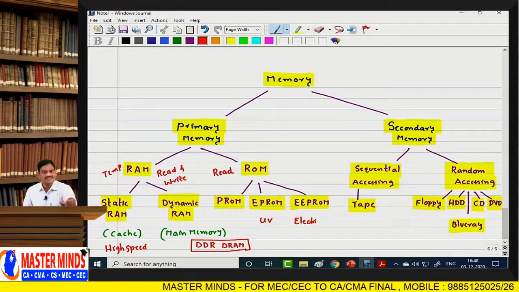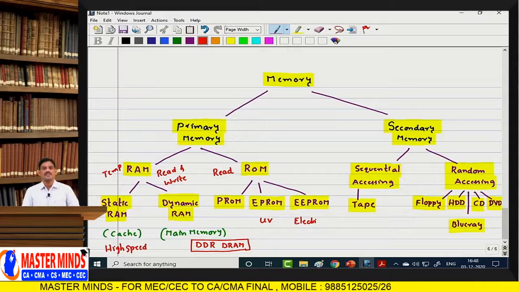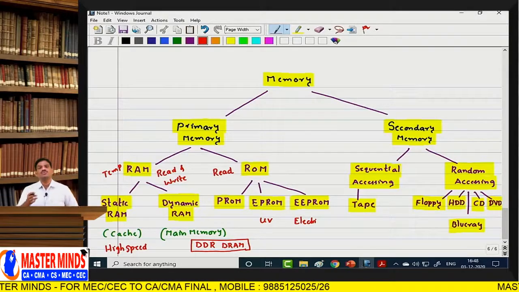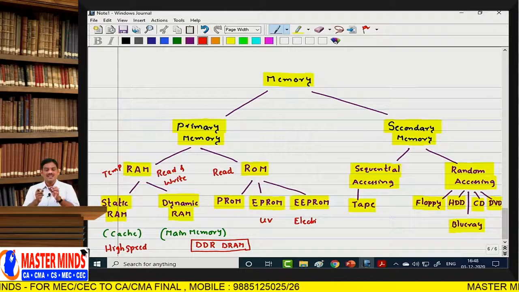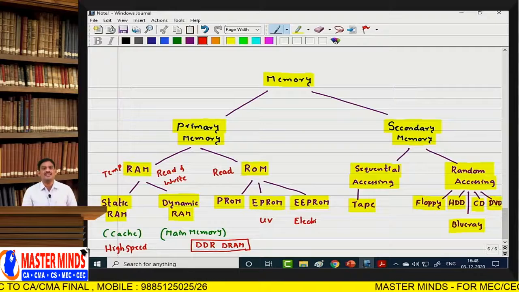Once the data is written, that cannot be erased even if you switch off the computer. So, if I have a pen drive and I switch off my computer, all the contents remain the same. If you have a CD, you can store the data permanently.